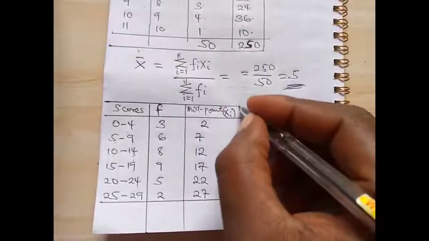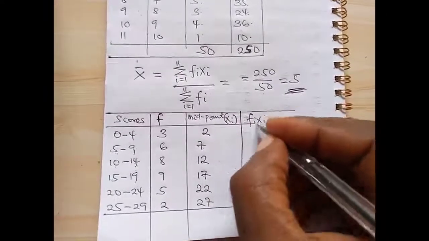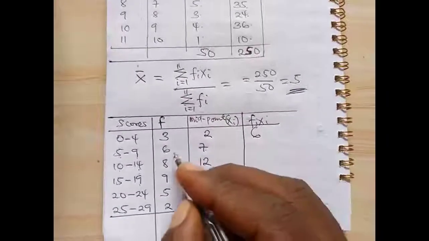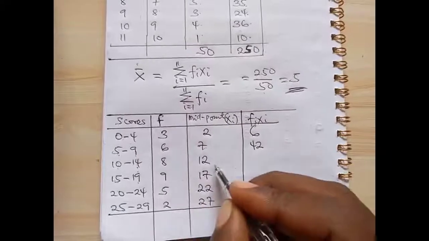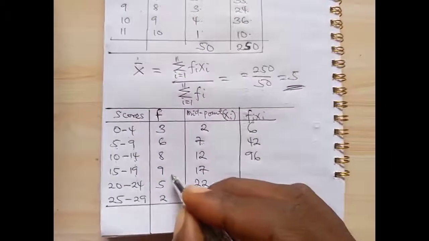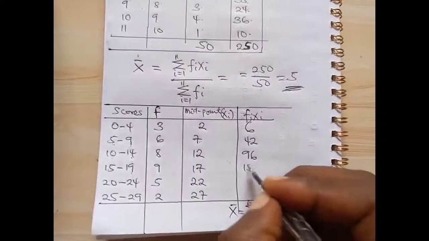Okay, having gotten our x, we can now have our fx, which is this times this gives us 6. This times this gives us 42. This times this gives us 96. This times this gives us 153.